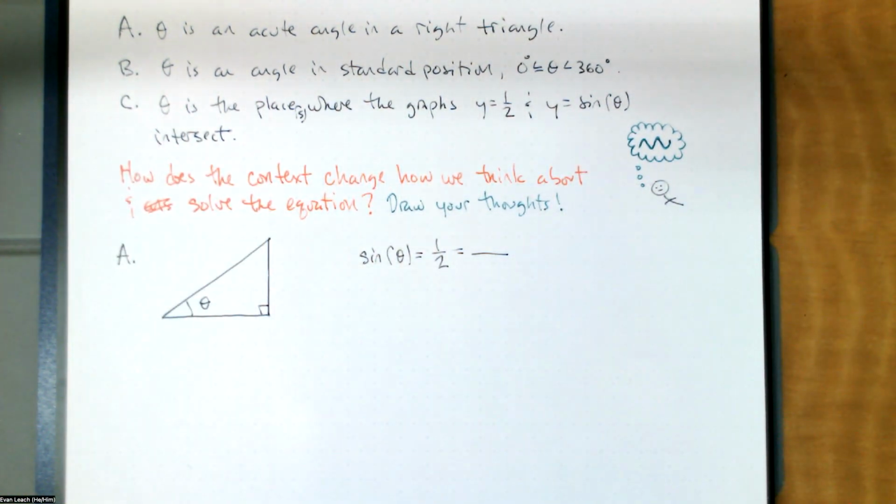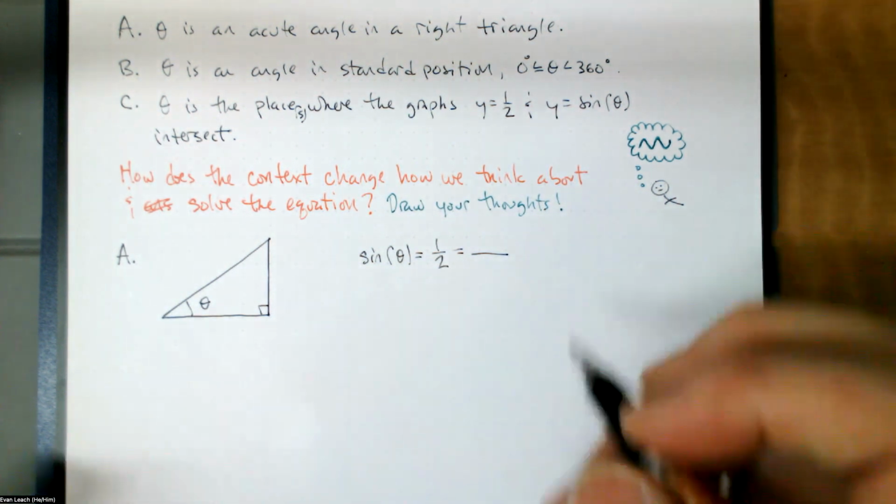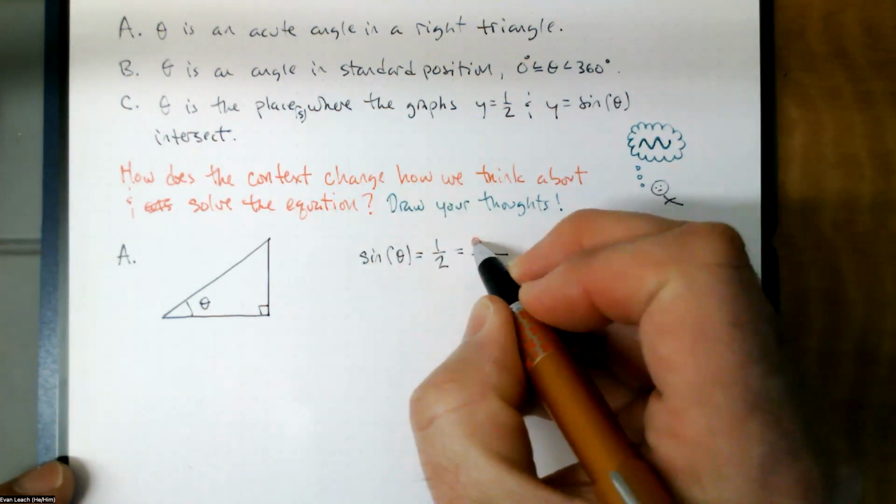When we think in terms of acute angles in right triangles, we think in terms of opposite, adjacent, and hypotenuse. And we remember our definitions of trig functions, where sine is opposite over hypotenuse.